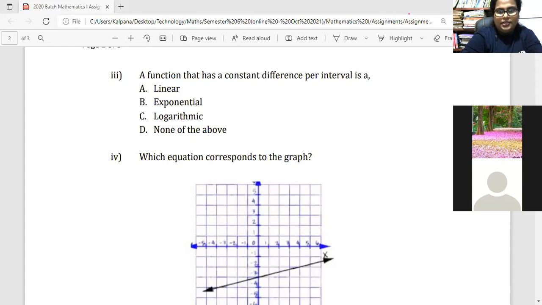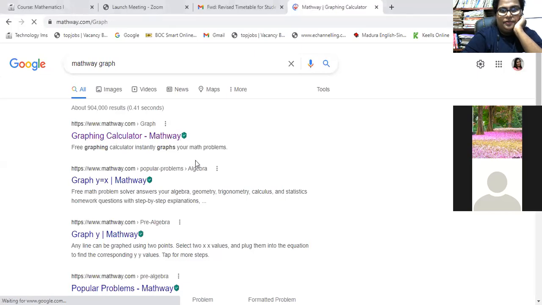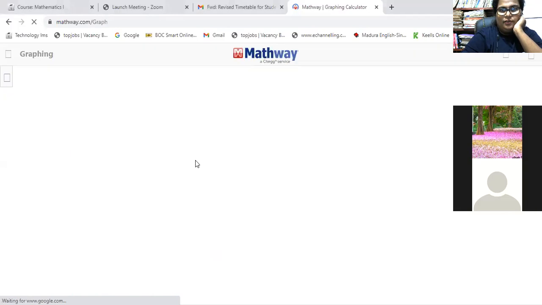Let me share the screen. Here, when you Google search Mathway graph, this one is the graphing calculator Mathway. You should select this one, and then you can go to the Mathway graph and you can input any equation of a function.